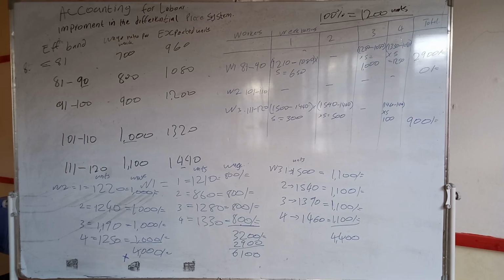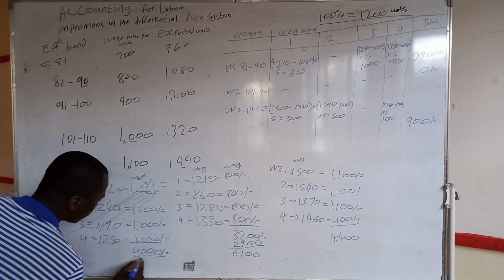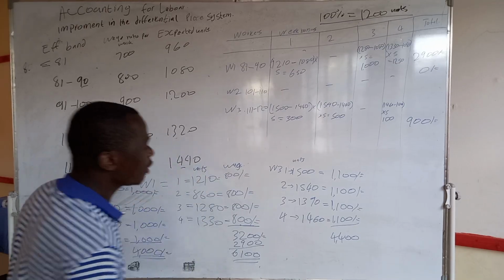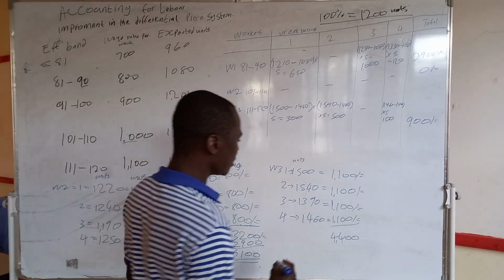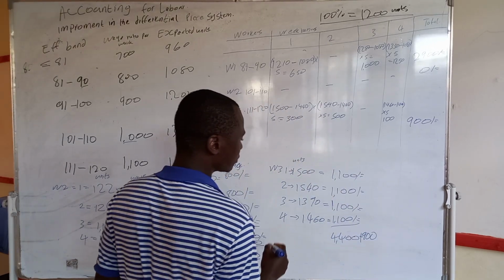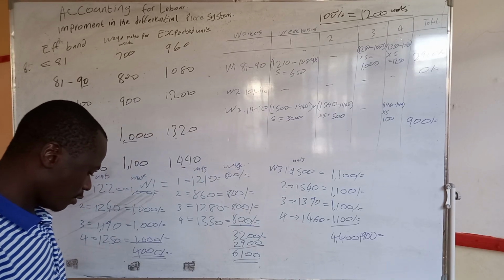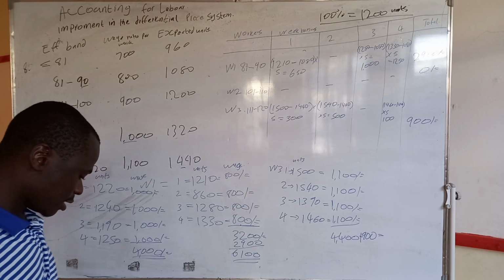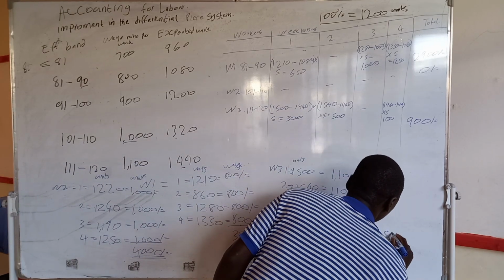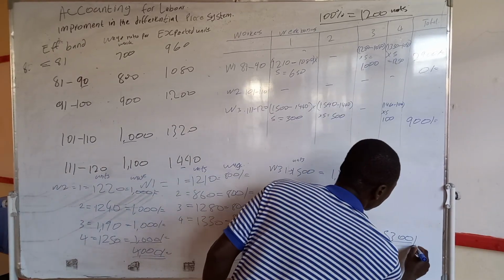Worker 2 had no bonus, so this is 0. So it remains with 4,000. Worker 3 had 900 as bonus, so we have plus 900. 44 plus 9, that is 5,300 shillings.